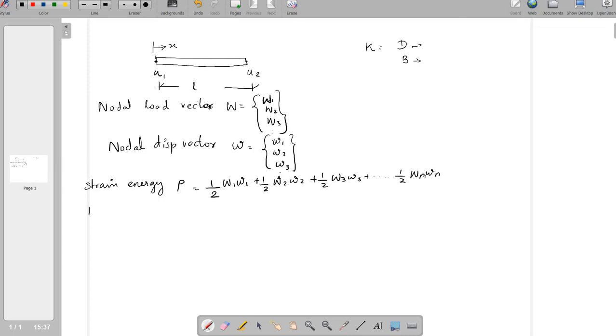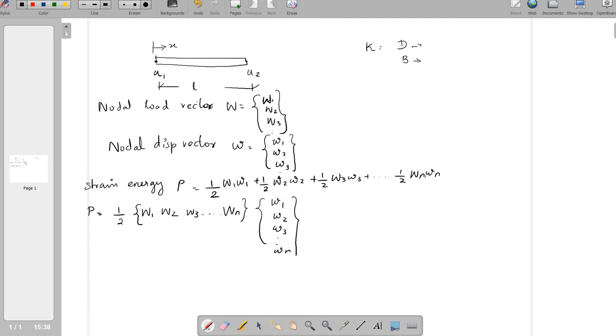So if you write in the matrix format, it is half, the nodal load vector is W1, W2 and W3 up to Wn, multiply with the nodal displacement components, small w1, w2, w3 up to wn.